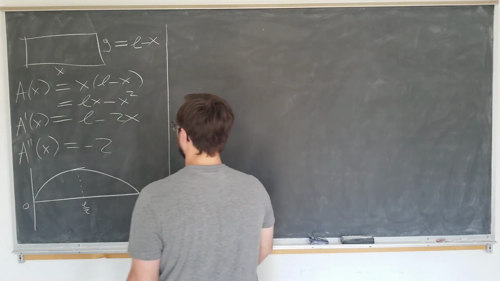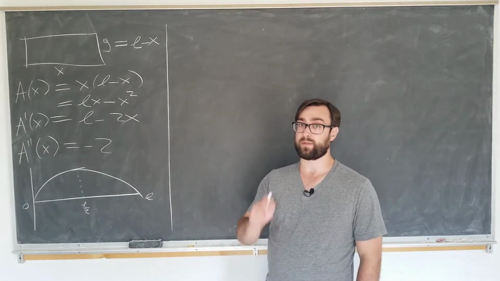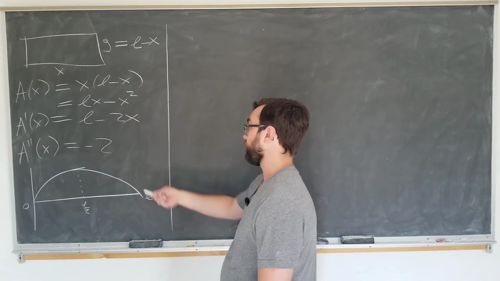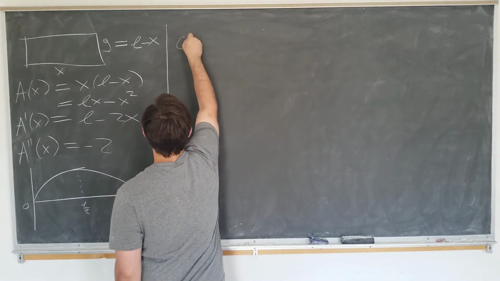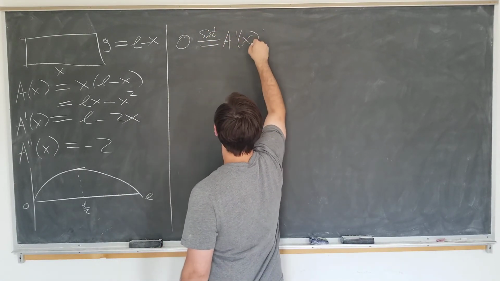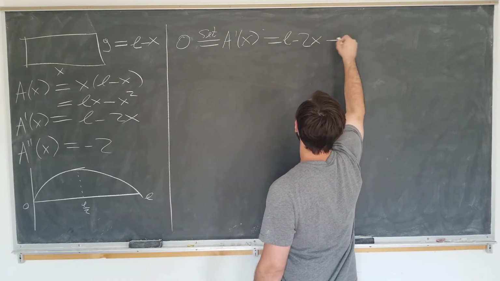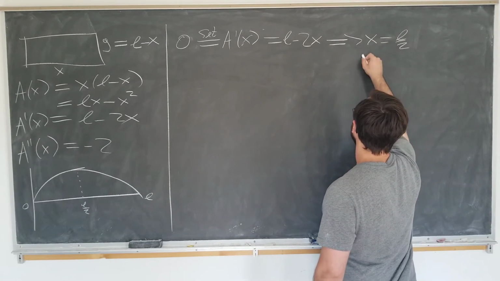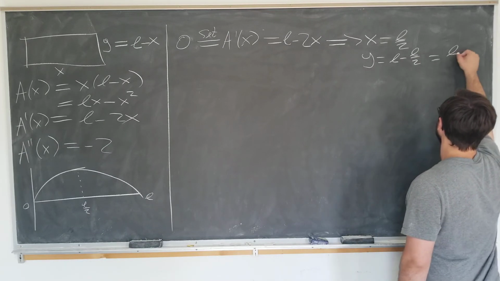Okay, calculus. So to find the maximum and minimum, known collectively as the extremum, we first set the first derivative equal to 0, and then look at the second derivative to see if it's a minimum or maximum. So let's go ahead and do that. 0 is being set equal to A prime of x, which is L minus 2x, which immediately tells us that x is equal to L over 2, and also tells us that y is equal to L minus L over 2, which is L over 2 as well.